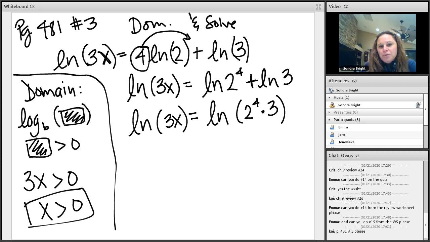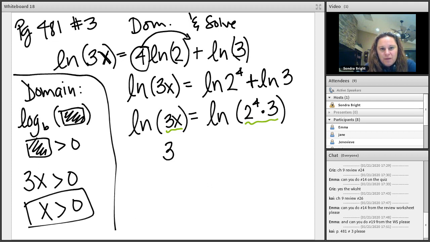This is the natural log equals the natural log, and the only way that's true is if their arguments are equal to each other. You can also see it if you raise both sides to the power of e, then the natural logs will drop off. But the other way is if you have a log equals a log, their arguments must be equal.